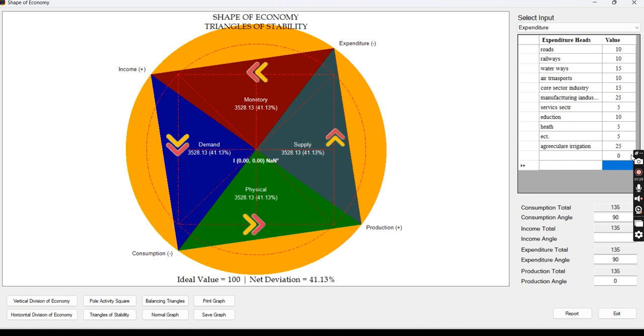They must depend on the choice of mathematics rather than politics. So it has a lot of potential in that way. I need not say that it will happen tomorrow or the day after. It may take years to pass on the message of the shape of economy.